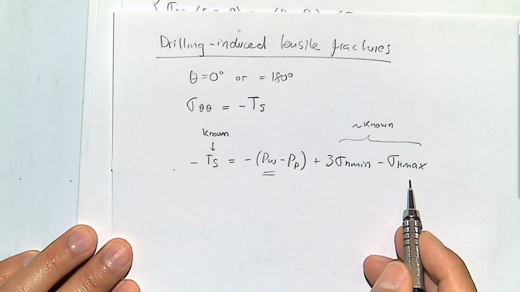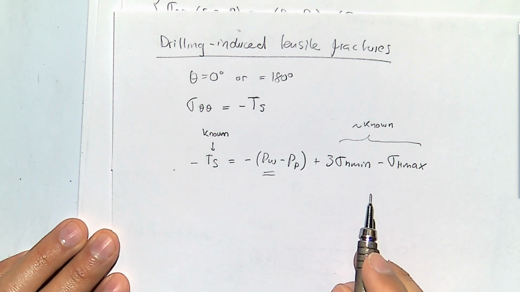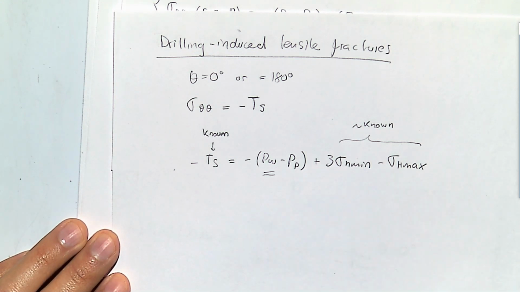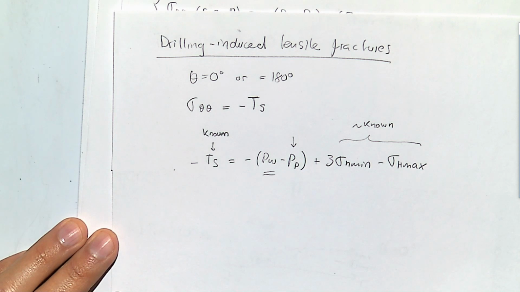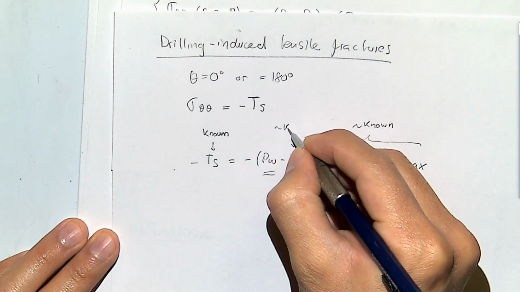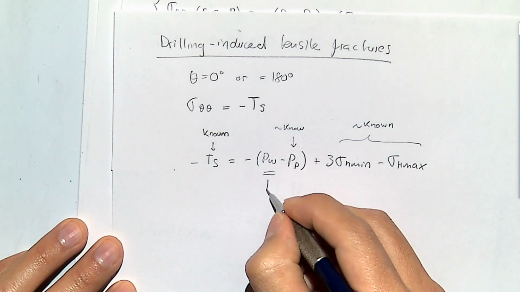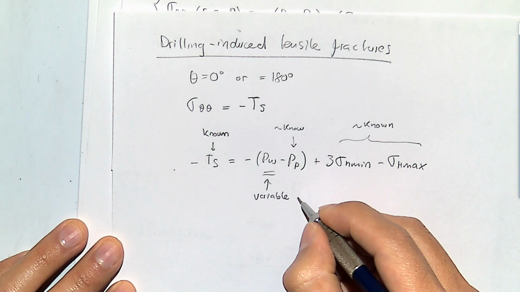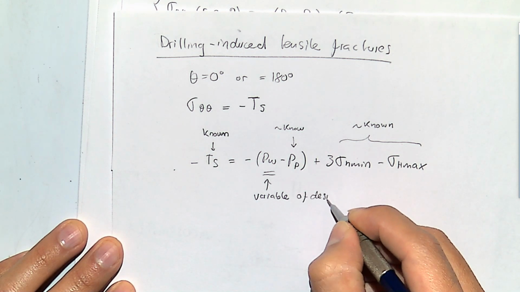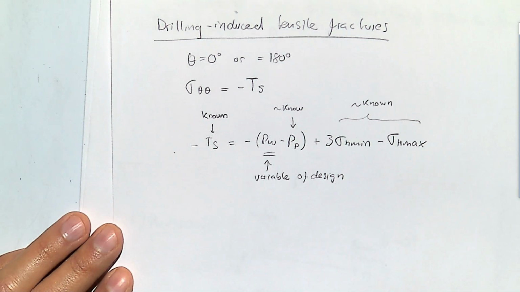Actually, we don't know sigma h max very well, but sigma h mean we can get to know by doing hydraulic fracture tests. So we're going to talk a little bit more about that later on, but let's assume we know that one. Pore pressure, we also sometimes know, but what is really the design variable when you are drilling a wellbore is going to be the pressure in the wellbore. So we're going to solve for that pressure in the wellbore.